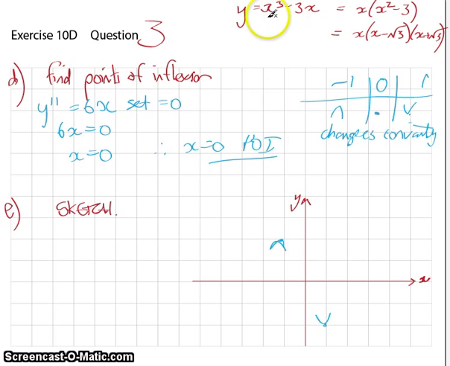I know that the overall function is a positive cubic, so it's got to have extreme behaviour that does that. I also know that it's got a point of inflection here at 0, 0, which means that's where it's changing from being concave down on this side to being concave up on this side. So that just helps us get our curves a little bit more accurate.